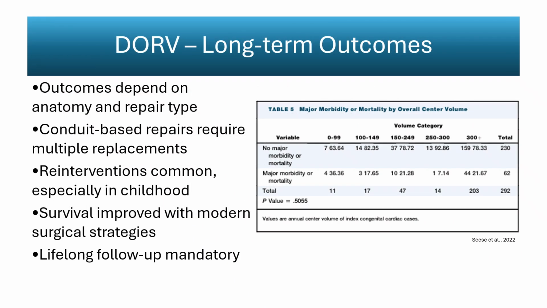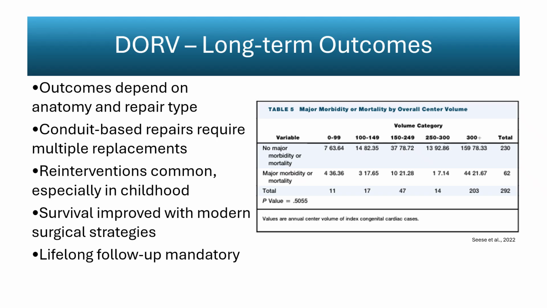Long-term outcomes in double outlet right ventricle are determined by anatomic subtype and chosen repair. When anatomy allows biventricular repair, survival is favorable, but most patients still require reintervention. Conduit-based procedures, such as Rastelli repairs, almost always necessitate conduit replacement as the child grows or the prosthesis degenerates.